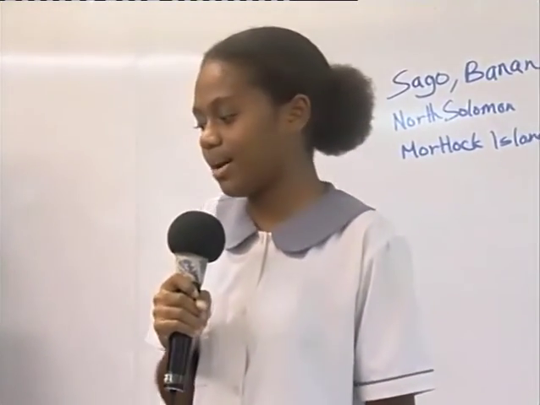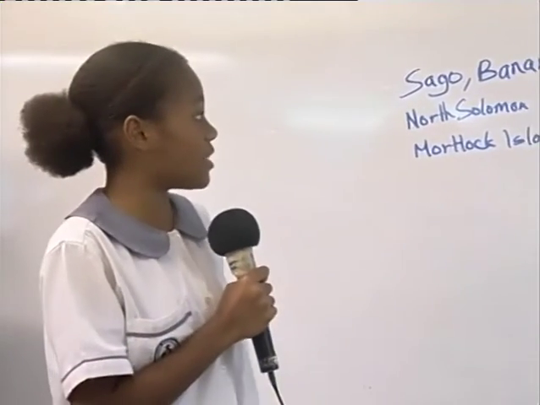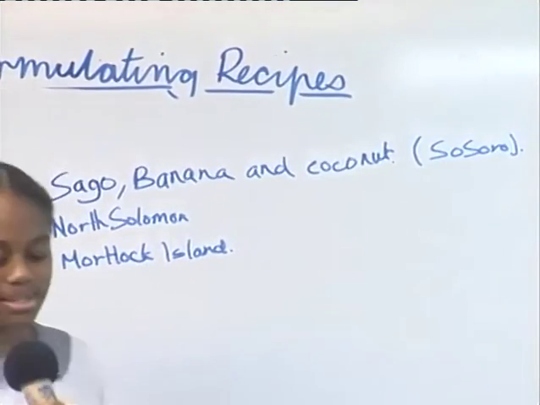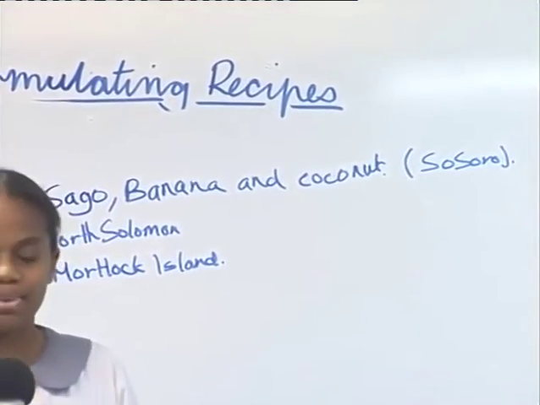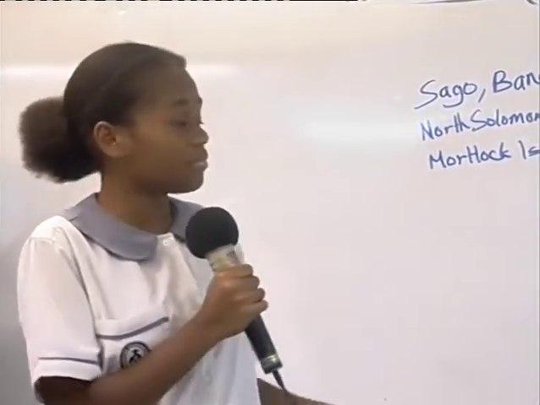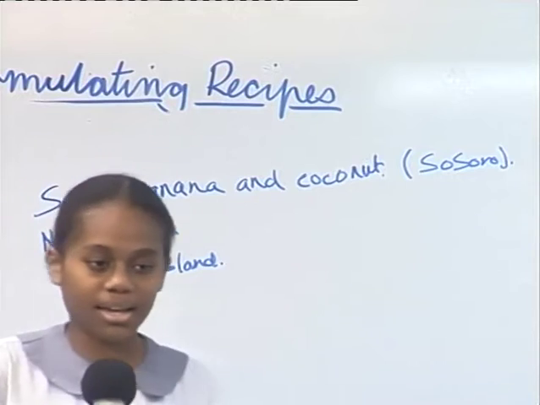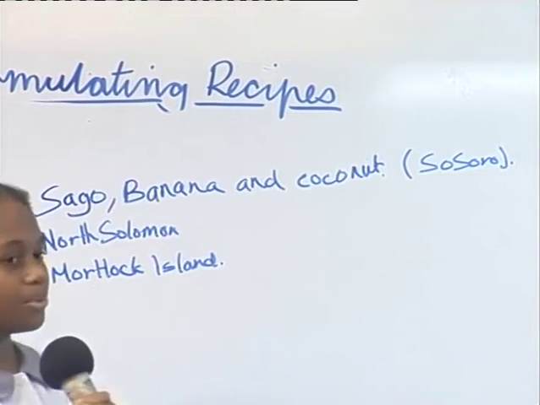The food dish that is really popular in my village is sago, banana, and coconut. In our place, we call it saucer, which maybe you will know as saksak. Basically, you mix the banana and sago together, wrap it up with banana leaves and put it into a pot with water to boil.